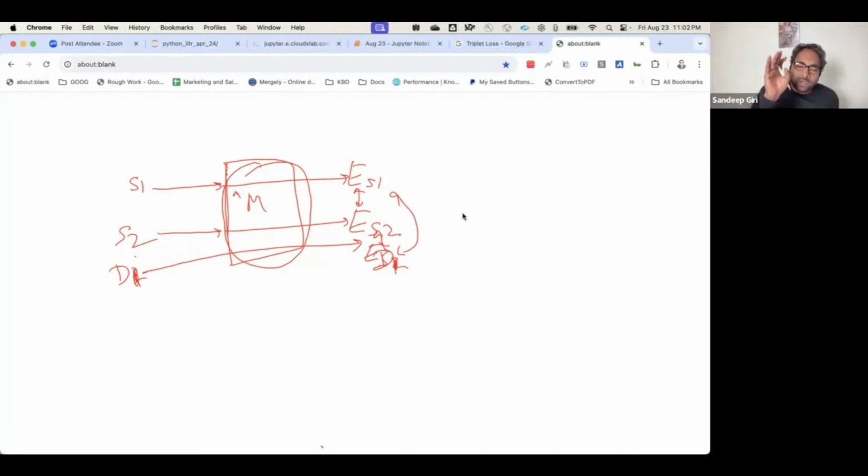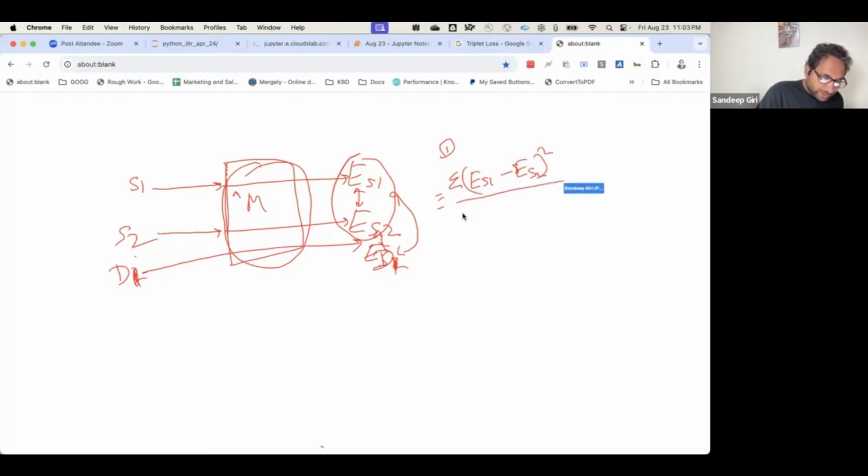Computing by tweaking one of the weights slightly, observe: are these getting closer or farther? And how do you make it seamless? By creating a loss function. One idea could be that my loss function is (E S1 minus E S2) whole square, and then you sum the values and divide by (E S2 minus E D1) whole square.